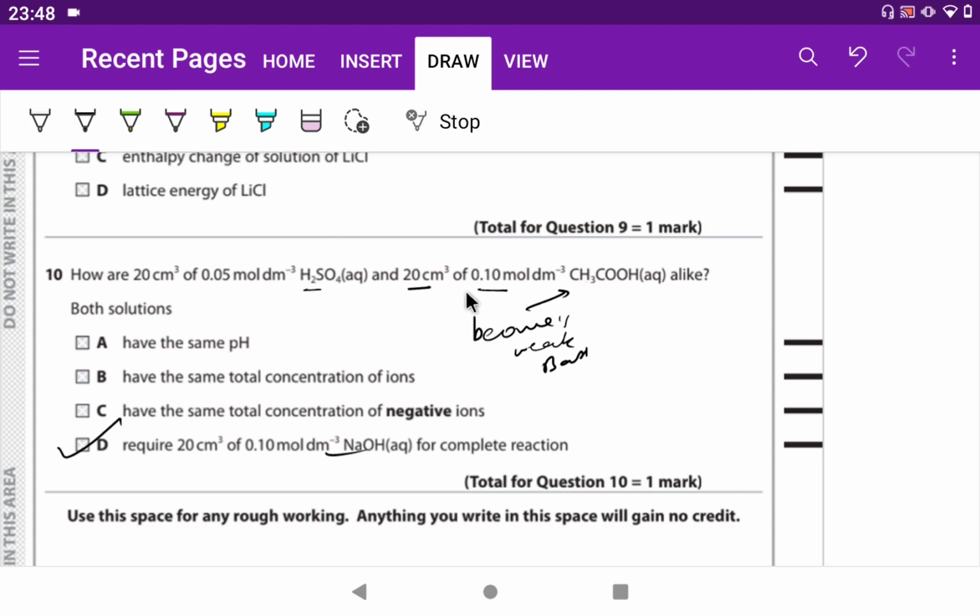Which will have the same pH? No. Have the same total concentration of ions? No. Have the same total concentration of negative ions? No. Require 20 cm³ of the same NaOH to complete the reaction? Yes, because half will react with this and the rest will react with NaOH.